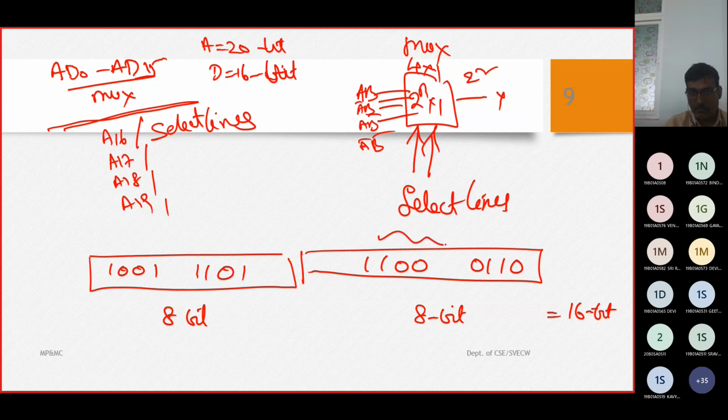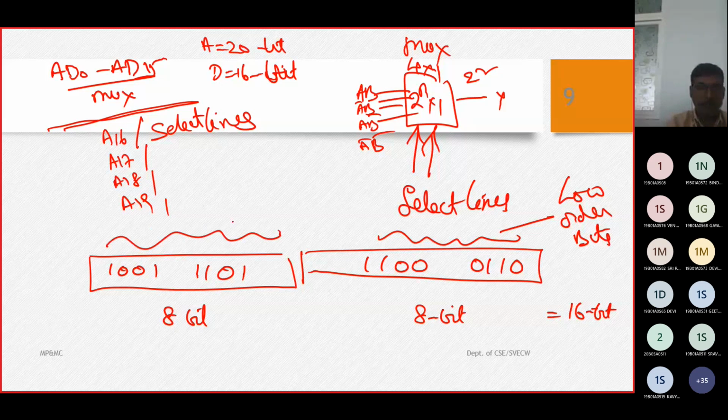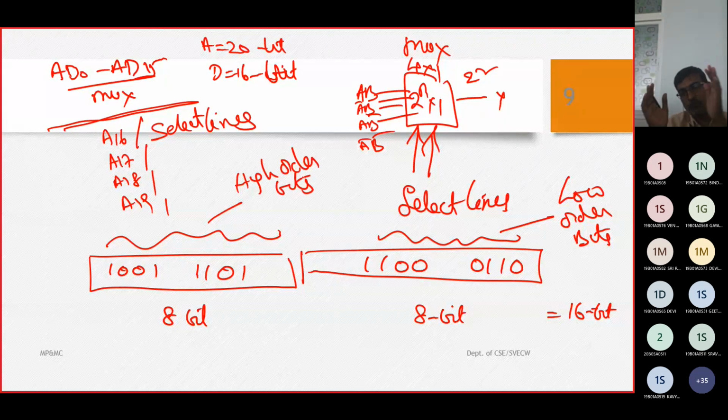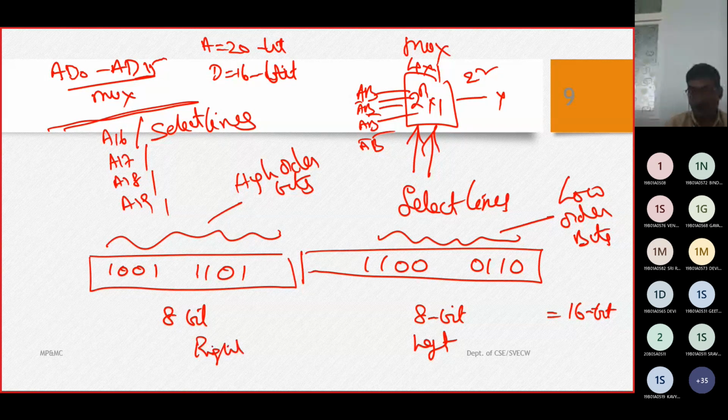Now these first elements we call low order bits. The next 8 items we are going to call high order bits. Towards the left side we call it low order bits, towards the right side we call it high order bits.